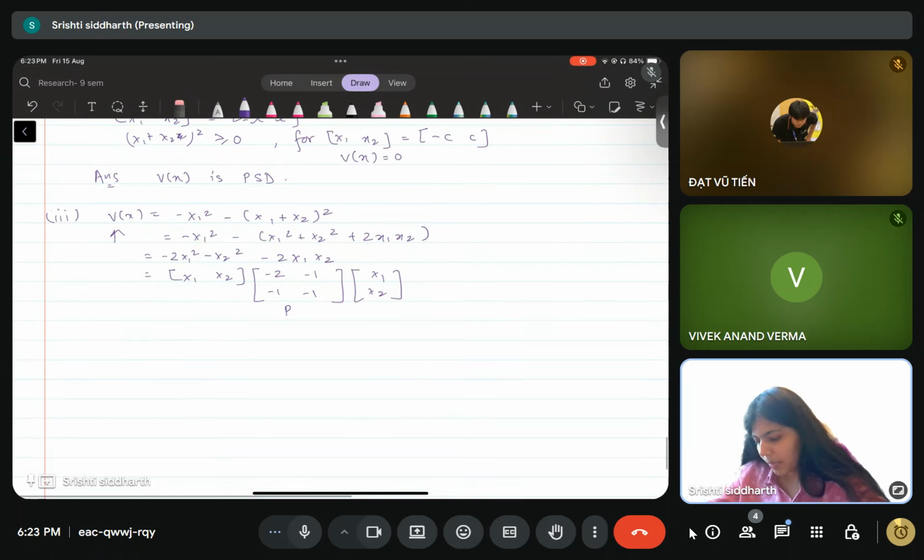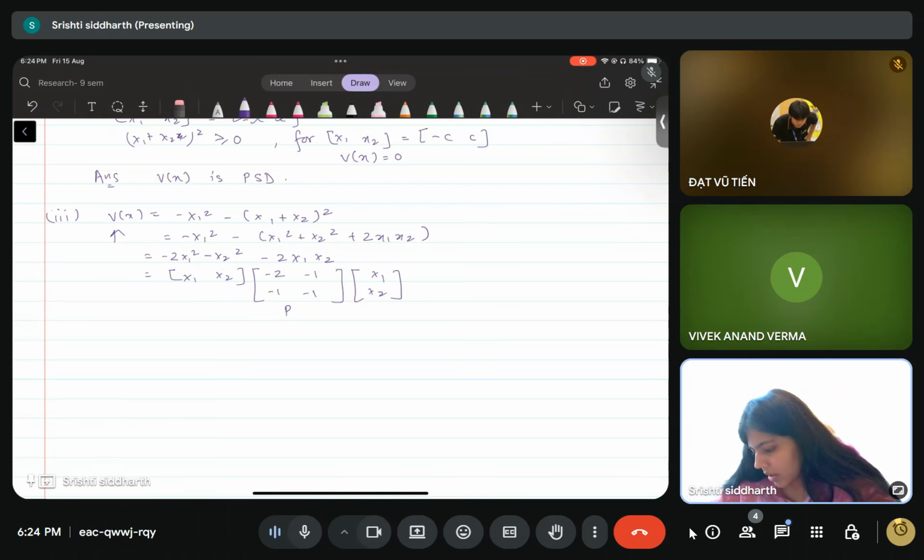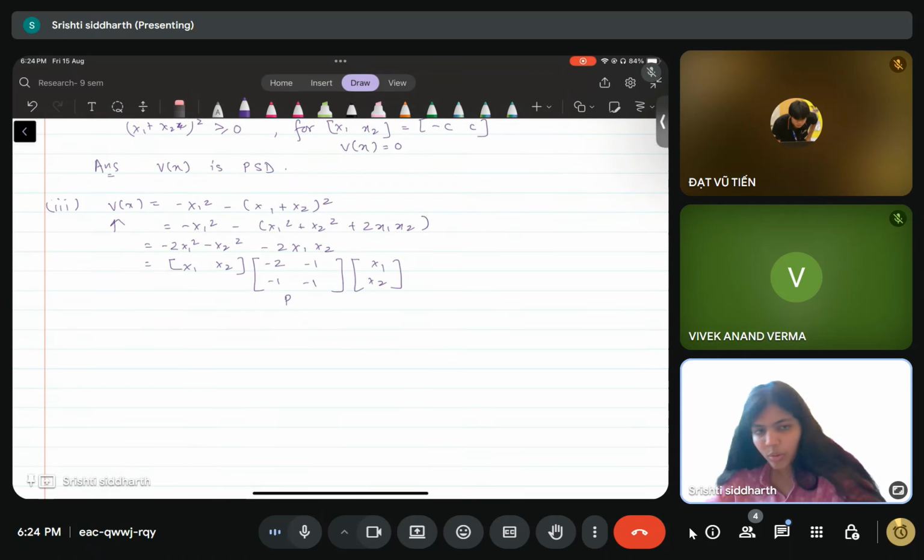Now let's see if P is positive definite or not, because we have to comment on the definiteness of V. In this case we could do this by inspection, but in a higher dimension case, we might not be able to write this just by inspection.